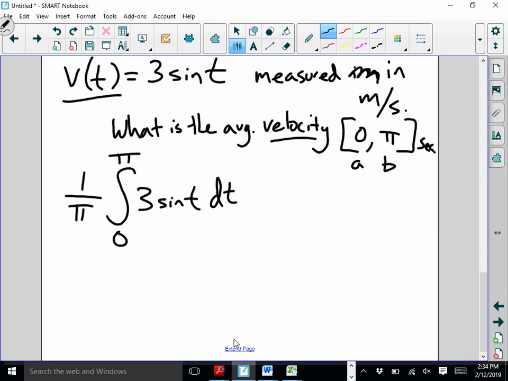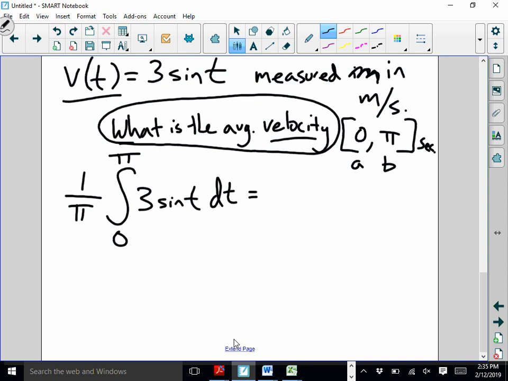So we should be able to calculate this. And what I want you to think about while you're doing this is, what should my unit be? Again, I'm looking for average velocity, so my answer should be a velocity-like unit, which in this case would be meters per second. Whenever we do the average value of a function formula, our unit comes out to the exact same unit that our function was before.